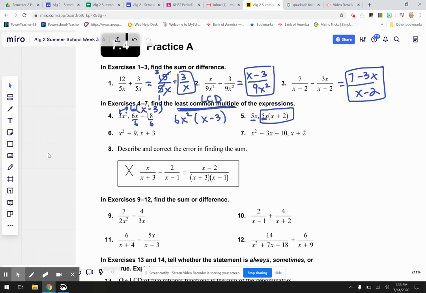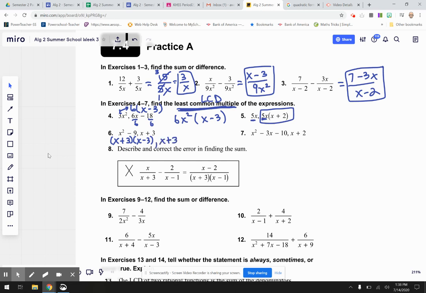Number 6, you'd have to factor this one down. This x squared minus 9 is actually x plus 3 and x minus 3. And then your other one is x plus 3.